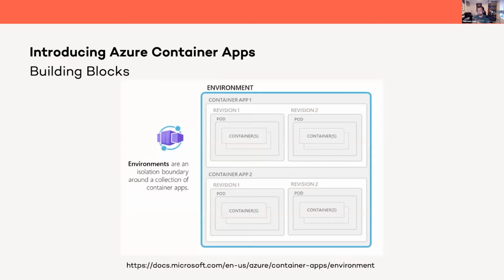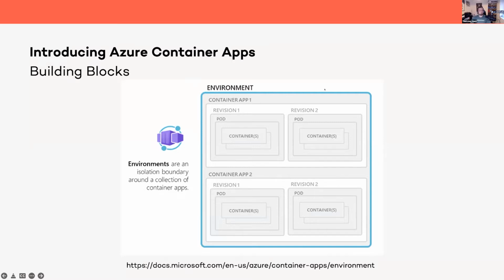So for those of you that are familiar with Kubernetes or have worked with containers, there are perhaps some familiar terms on that slide. That's a drawing that I grabbed from the official documentation that introduces the building blocks that we use to take our containers and run them in Azure Container Apps. And let me quickly, so there's my mouse. We have an environment, that's the blue border around it.